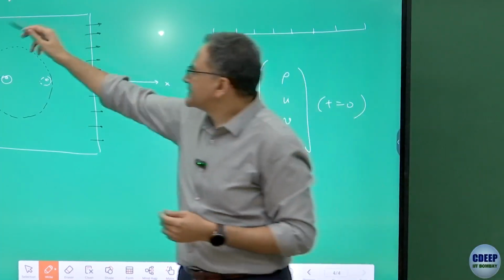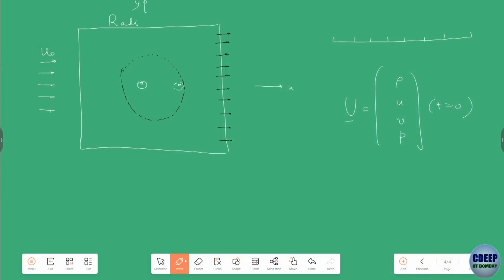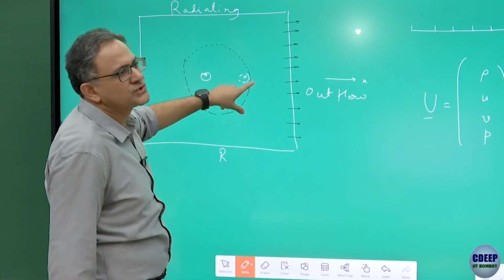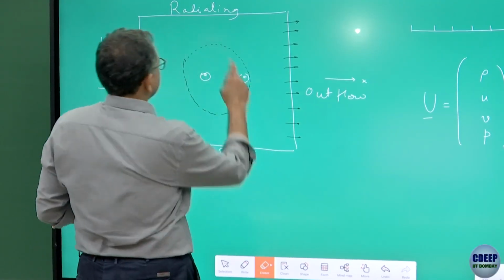And so the other three boundaries are what I call the radiating boundaries, and this is the outflow boundary. So the outflow boundary has to account for the base flow. Yes, that is what Kovasny has told us, right? I didn't draw that right. Yes, you are right. So this would have traveled further.